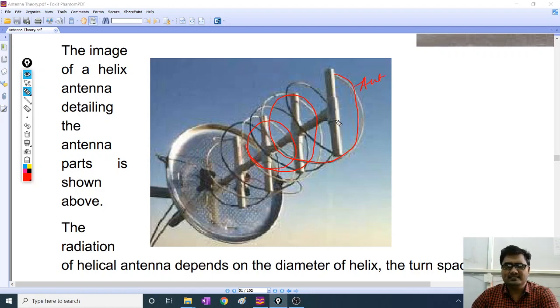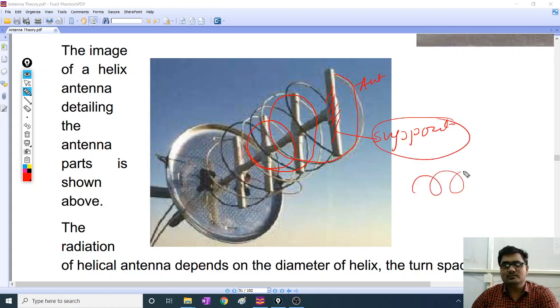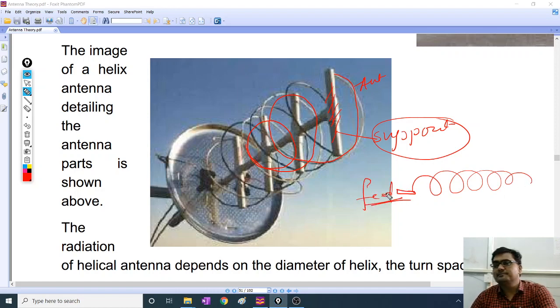And what is this rod I am talking about? It is a support. Don't consider it as a part of the antenna. Whenever you want to draw the antenna, just draw that much. Here I am having a feed, and this is my helix. This helix will transmit a radiation pattern in this direction. So the middle one is just a support to the antenna.